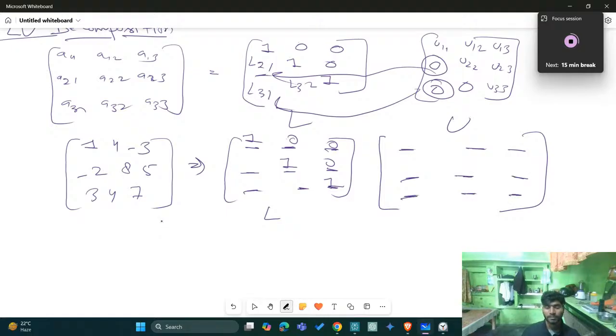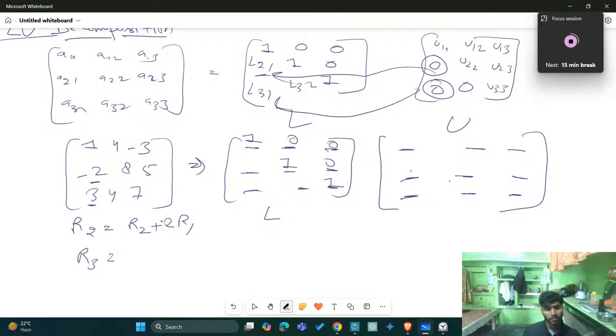So we have to make them zero, make changes in this and put those changes. How to make this zero and how to make this zero? What changes do we have to do? R2 is equal to R2 plus 2R1.